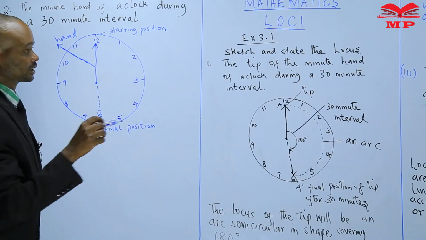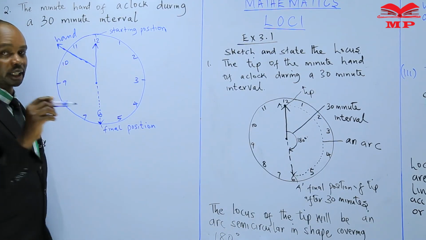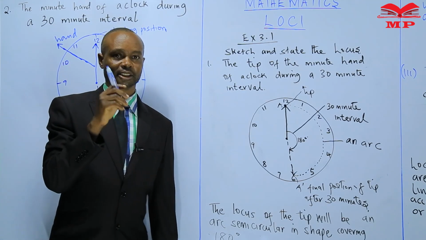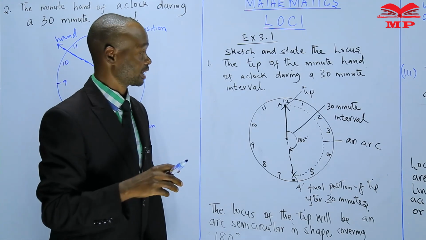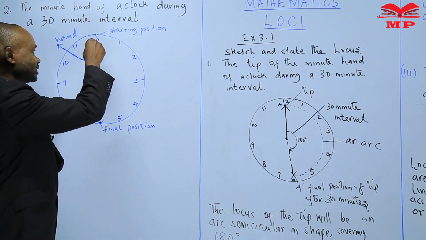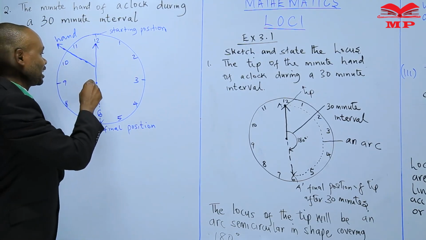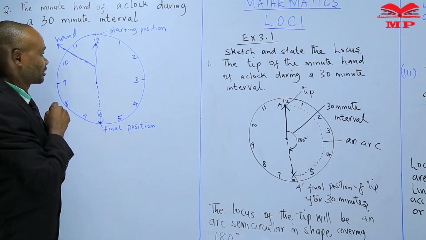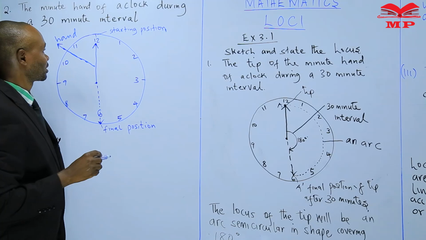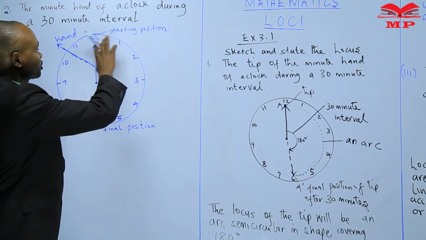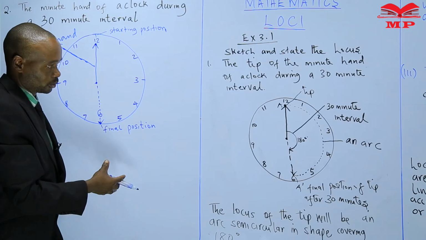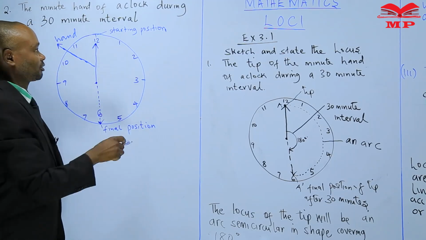So, as I said, you should be able to identify whether it is a line, a tip, or a region. So in my case, they are talking of the hand. That's why I've drawn this is the hand. That is a line from the center of the clock up to the tip. So it is actually a line sweeping through. It will not be the same as the tip.